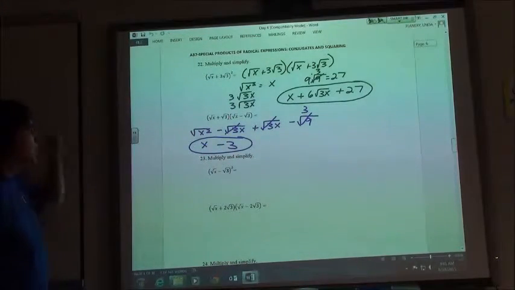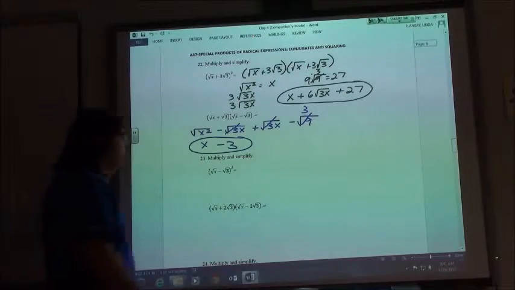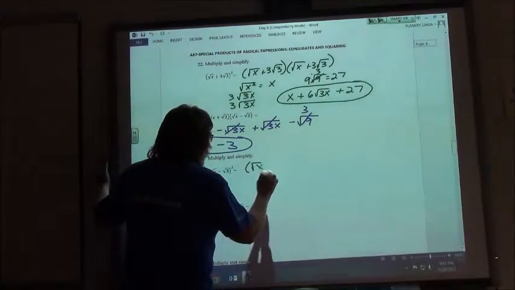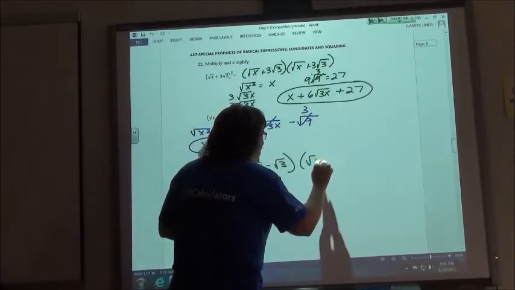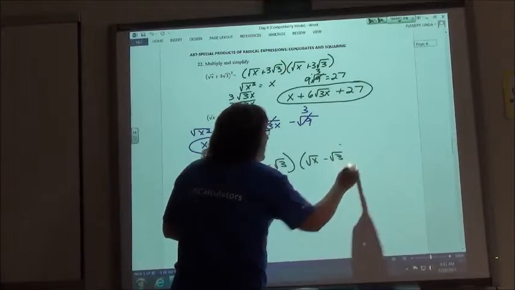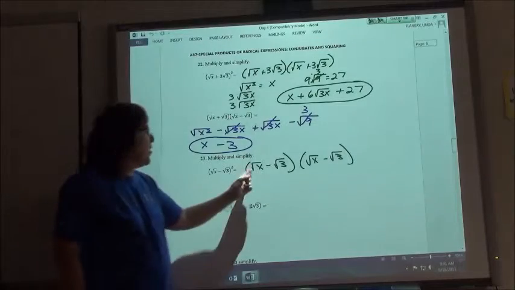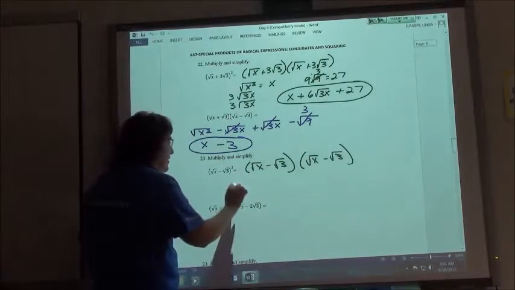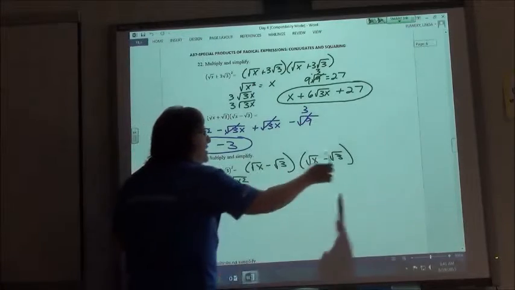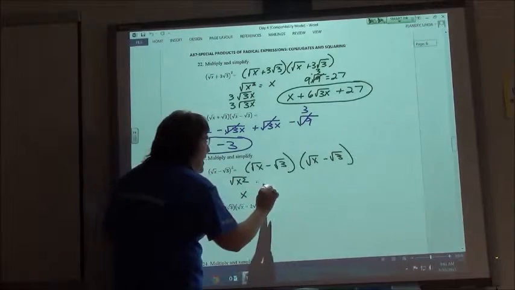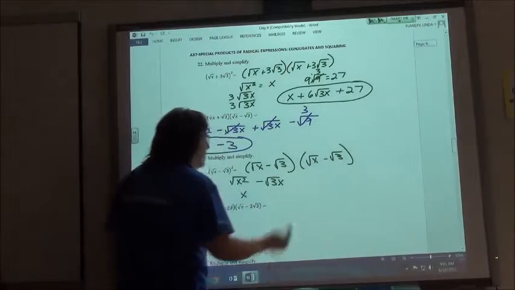Again, on number 23, I'm going to multiply that out. I'm going to take the square root of x minus the square root of 3, they like those numbers today, and square root of x minus the square root of 3. Square root of x times the square root of x, square root of x squared again, is just x. Square root of x times negative square root of 3 is the negative square root of 3x.